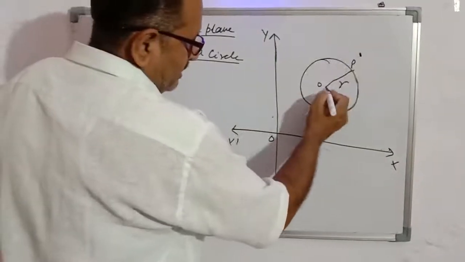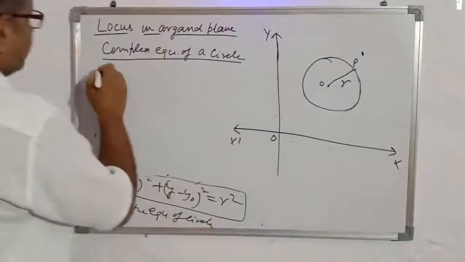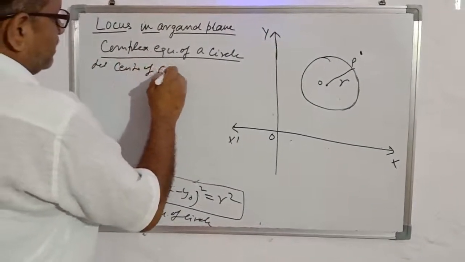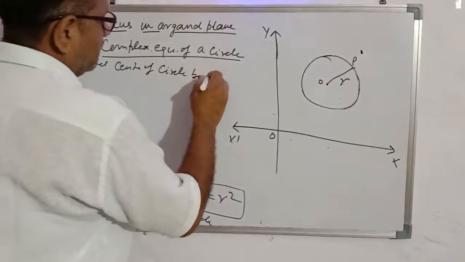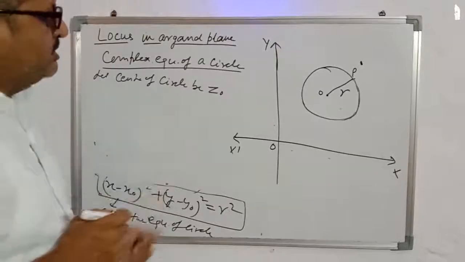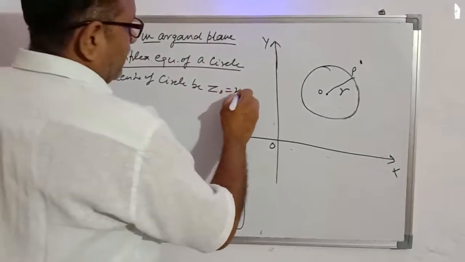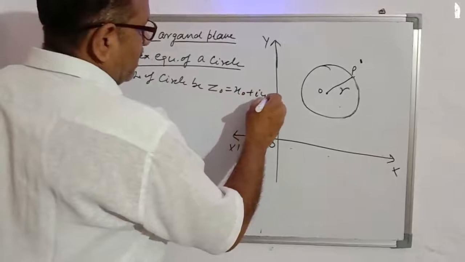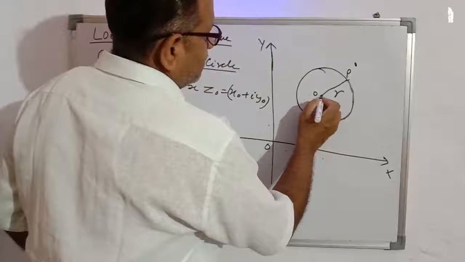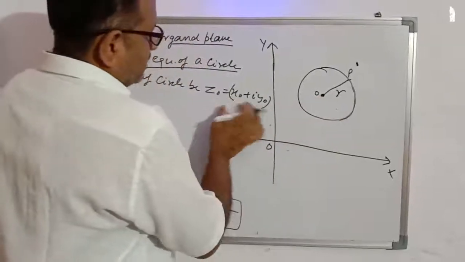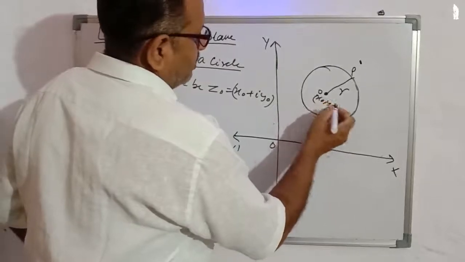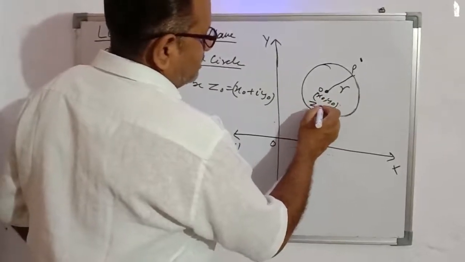Let it be a circle with center O. Let the center of the circle be Z0, where Z0 is a complex number, represented as x0 plus i y0. The corresponding point will be (x0, y0) and it represents Z0.